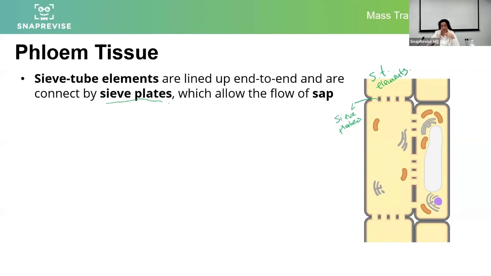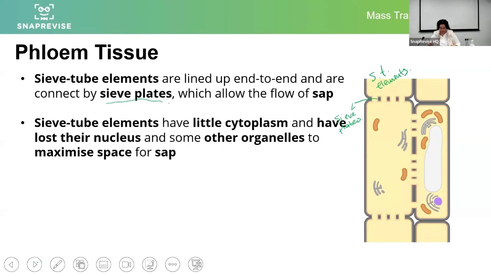So that's another point of structural contrast with the xylem. In the xylem, the end plates are completely disintegrated. In the sieve tube elements, they are just perforated. So that does facilitate the flow of water, but they're not as absent as in the xylem. What are other adaptations to maximize the flow?